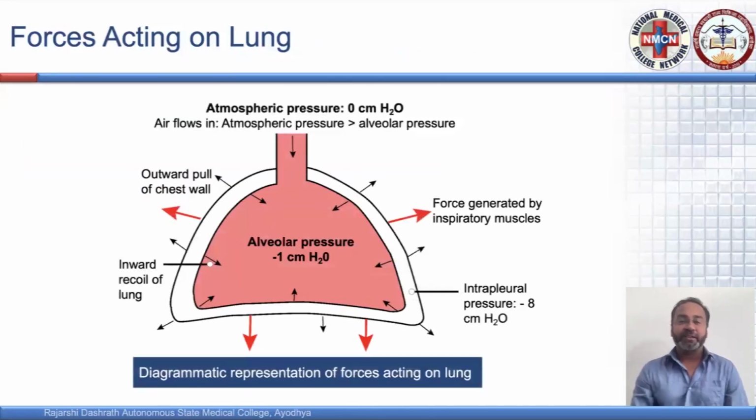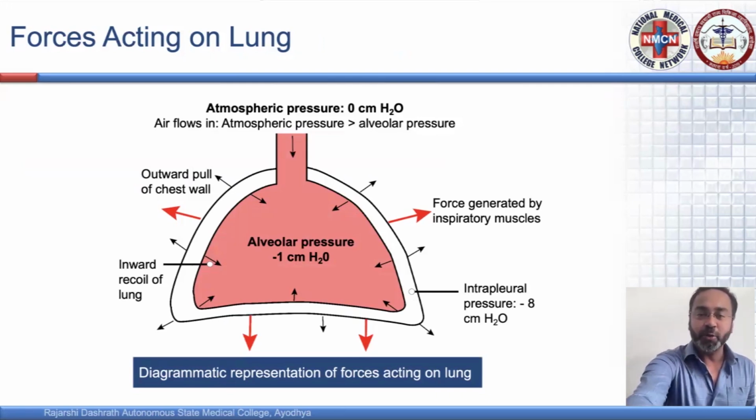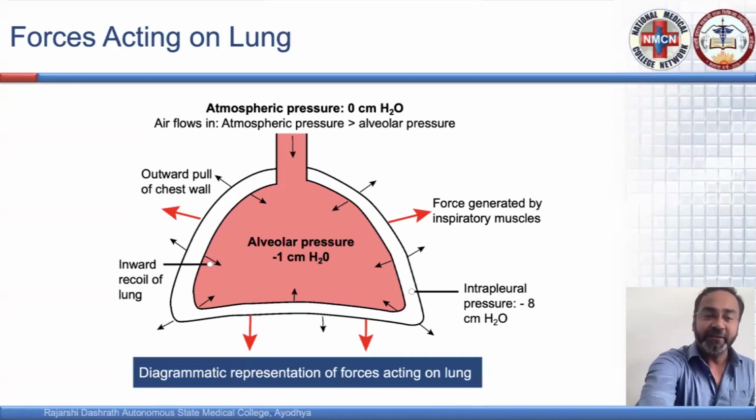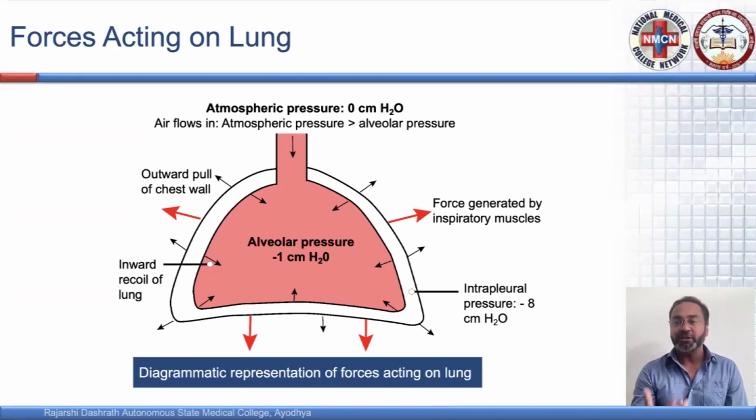In this diagram, we can clearly see that the atmospheric pressure is 0 millimeters of mercury or 0 centimeters of water. The force shown in red, this red arrow, shows the elastic recoil of the chest, which is trying to move outside. And then the inward recoil of the lung, the elastic tissues of the lung, are trying to move the alveoli in the opposite direction.